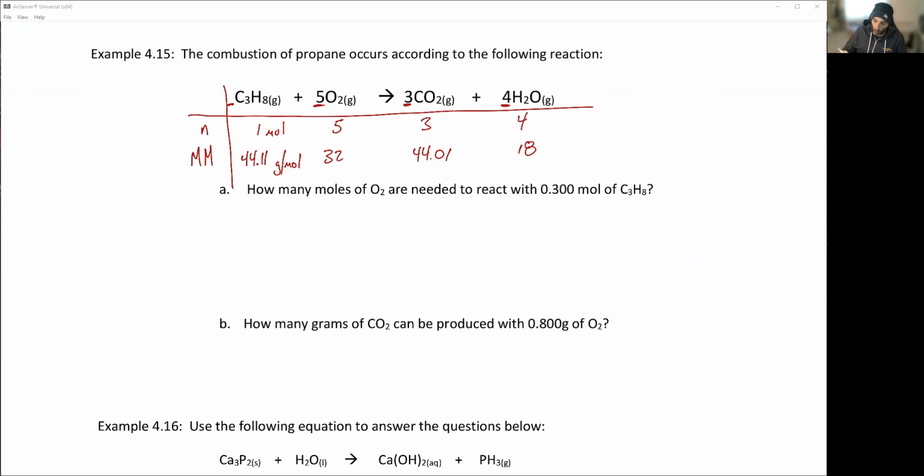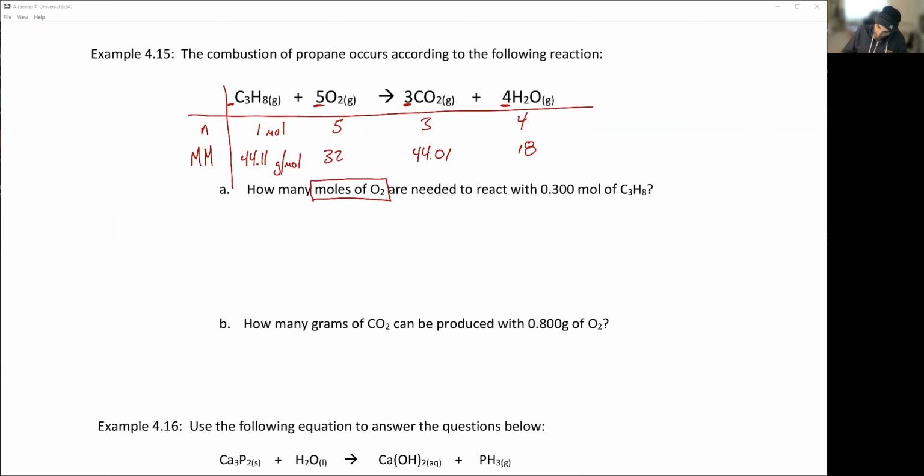I'm going to show you how to do it properly with unit conversion. So what I want to know is how many moles of O2 are needed.